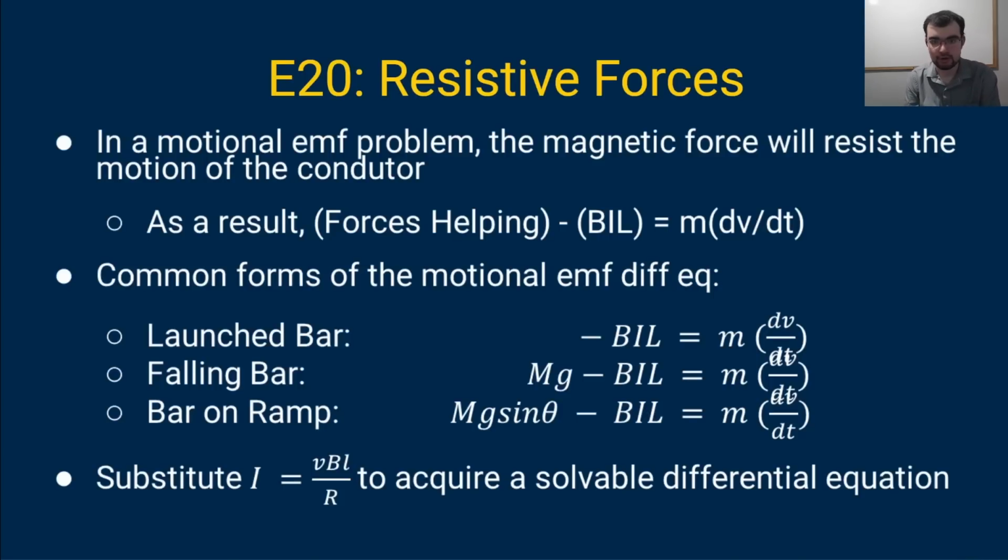In terms of your differential equations, I am almost confident that you'll have a differential equation to solve in the free response. It is either a Newton's second law with BIL forces, or it's going to be some sort of inductor capacitor loop equation, or both. I've seen both as well. But realize that differential equations are a big part of this course because it's AP Physics C, and we want to show that calculus when we can.